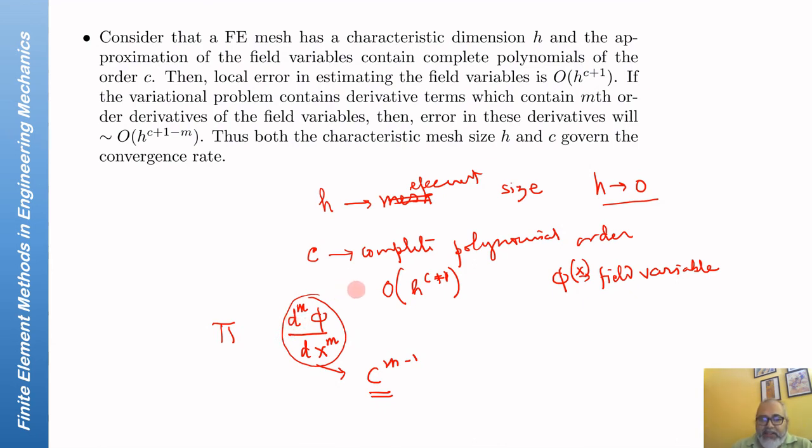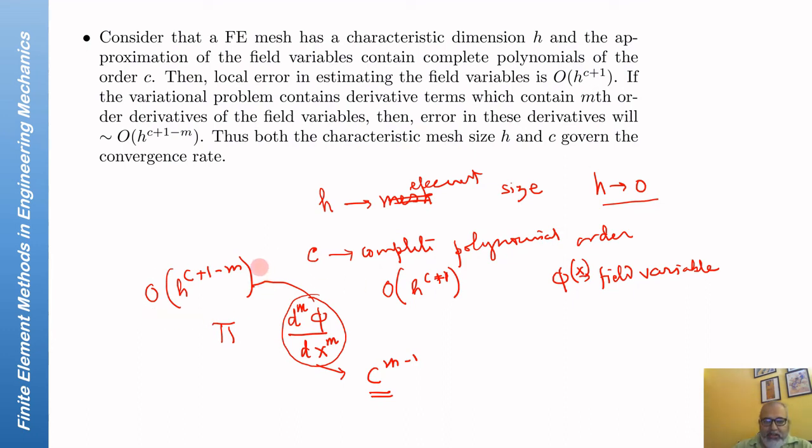And the error in these derivatives would be of the order of h to the power c plus 1 minus m. So if you have to take m derivatives of phi in order to get these quantities, which are mth derivatives of phi, then if the error in phi is this, the error in the mth derivative would be this. This is easy to see.